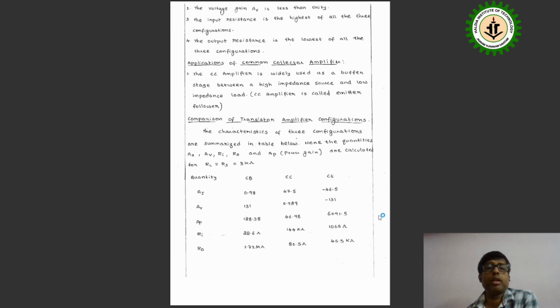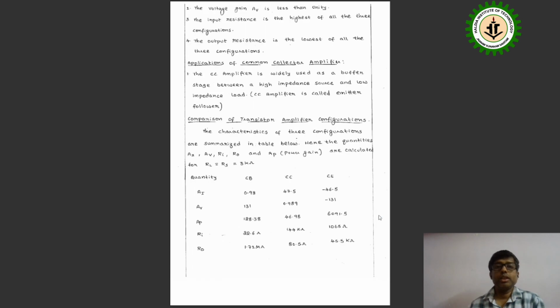This is one of the comparison studies. The CC amplifier is widely used as a buffer stage between a high impedance source and a low impedance load. It is called the emitter follower. So this is the comparison of transistor amplifier configurations.